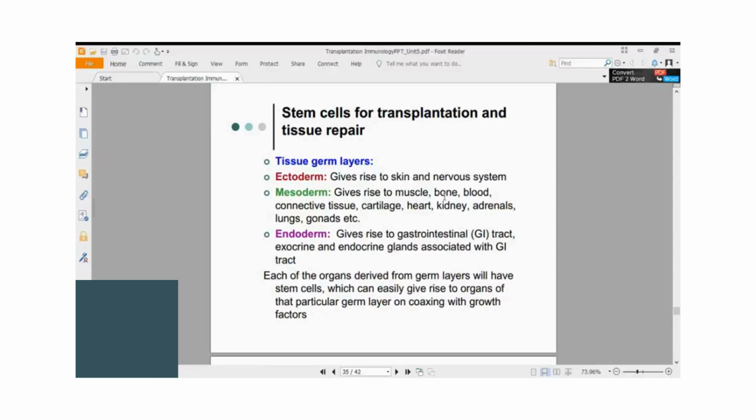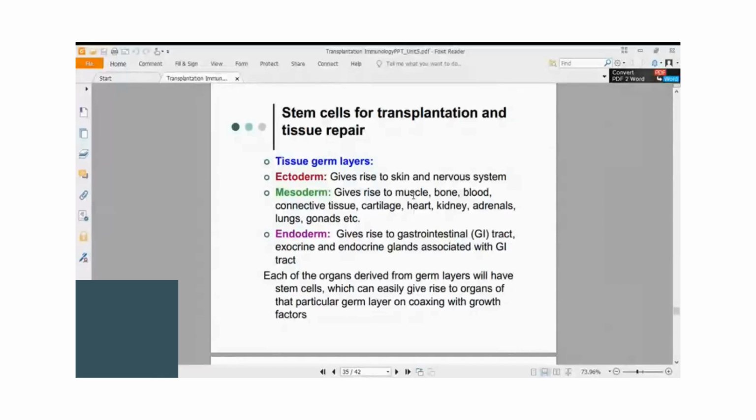But when you make the stem cell of a particular germline grow into an organ of the other germline, then that pluripotency becomes multipotency. That's the only thin line of difference between multipotency and pluripotency.